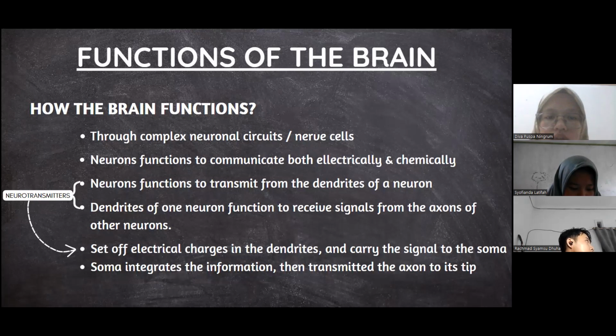The dendrites of one neuron receive signals from the axons of another neuron through chemicals known as neurotransmitters. The neurotransmitters set off electrical charge in the dendrites, which then carry the signal electrochemically to the soma. The soma integrates the information, which is then transmitted electrochemically down the axon to its tip.